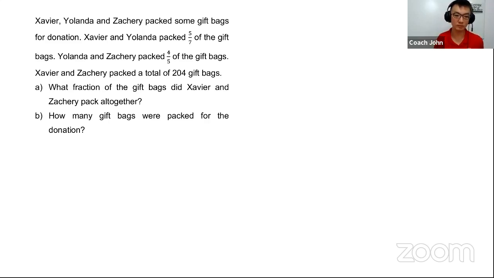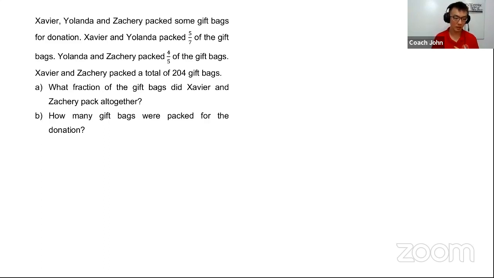Xavier and Yolanda packed 5/7 of the gift bags. Then Yolanda and Zachary packed 4/5 of the gift bags. Then we have Xavier and Zachary packed a total of 204 gift bags. So what fraction of the gift bags did Xavier and Zachary pack?